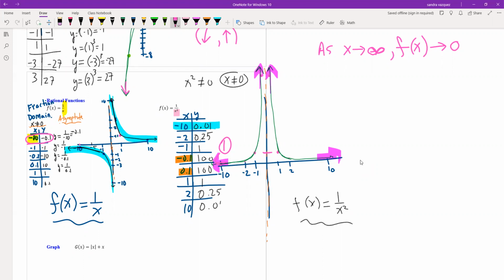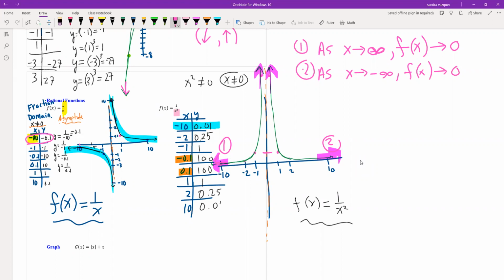Okay, what's the other endpoint? I'm gonna label it 2. As x goes to negative infinity, this is 1, this is 2. f of x is also going to 0 right here. Okay. Now I need the 2 endpoints in the middle.